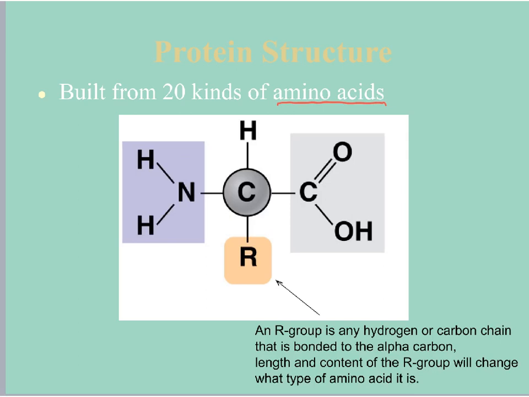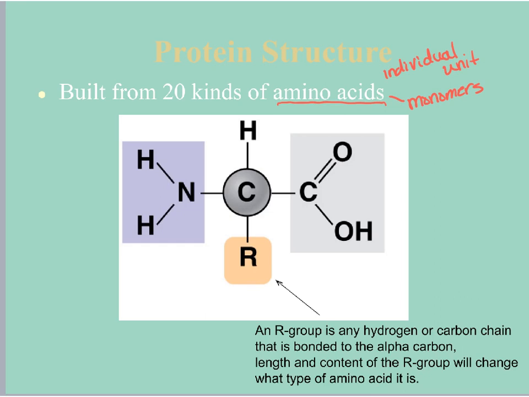So an amino acid is the individual unit of a protein, or you can consider amino acids as being the monomers of proteins. So many amino acids, many monomers, come together to make these polymers, these long chain proteins.